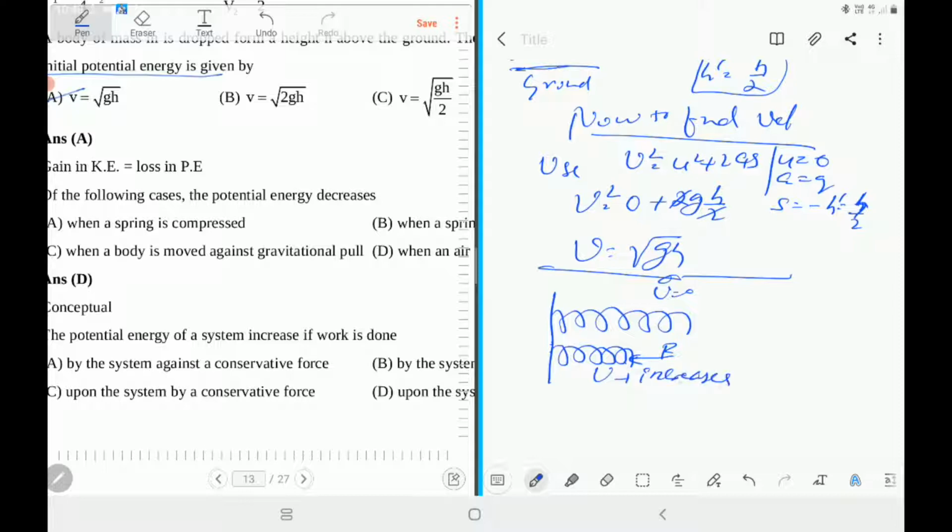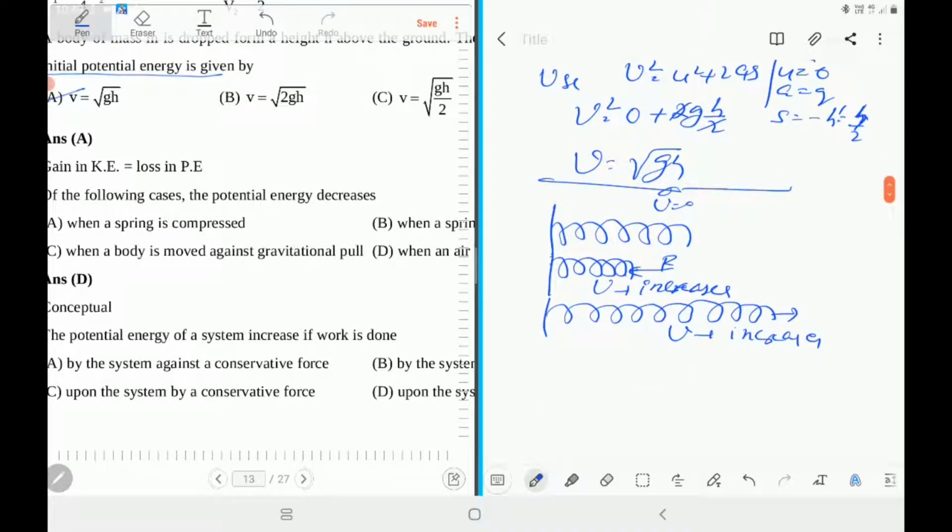The work done is stored as potential energy, which implies as compression increases, the potential energy increases. The same is the story with extension. To extend the spring, which means to increase the length, also you have to do work. Work done is stored as energy, that is potential energy. In this case also, potential energy increases.